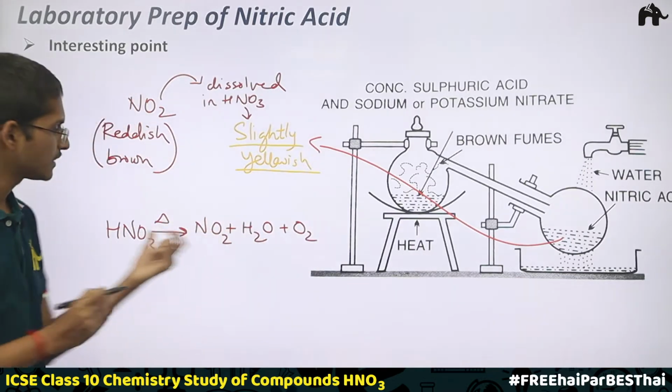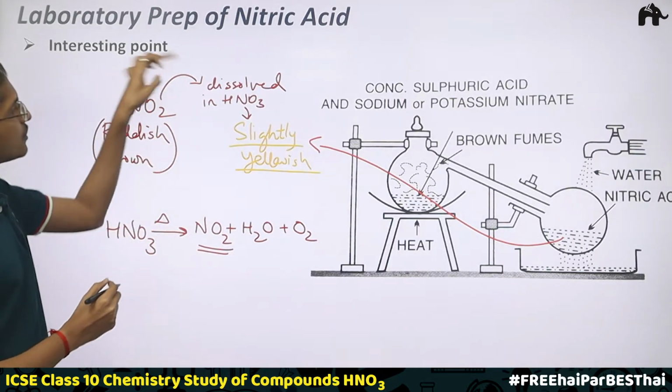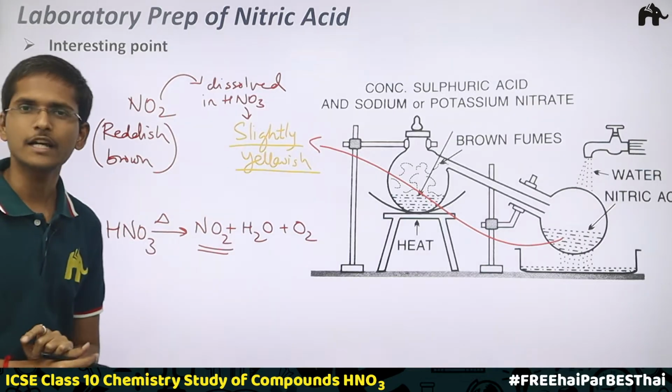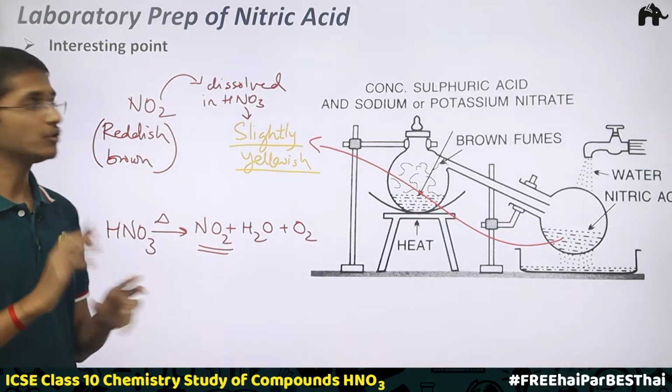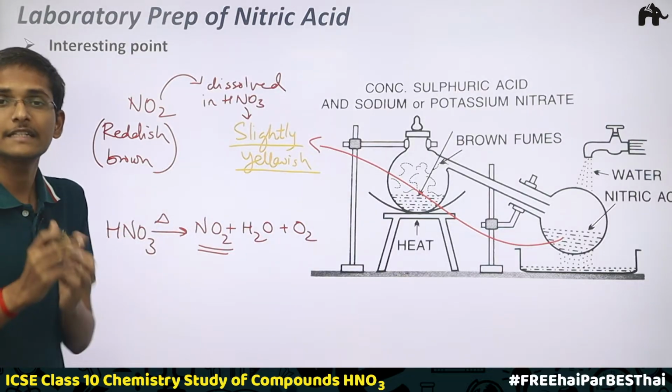And because of this nitrogen dioxide gas which dissolves in the nitric acid, nitric acid turns slightly yellowish. But now we need to figure out the way to make it pure, NO2 free, nitrogen dioxide gas free.